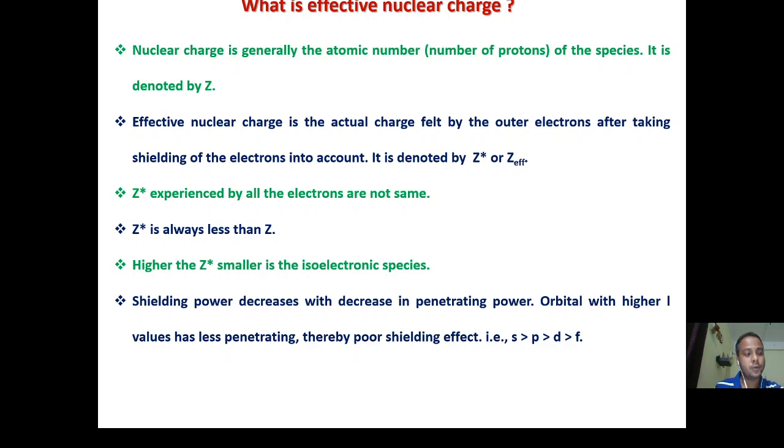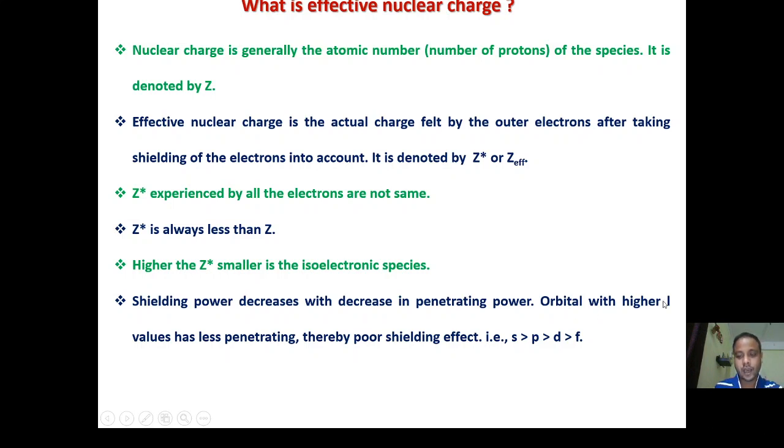That means it will shield the other electrons with higher contribution. However, in reverse, we can say that it will itself experience less shielding by the other electrons. That means other electrons can shield an electron with high penetrating power only to a lesser extent.